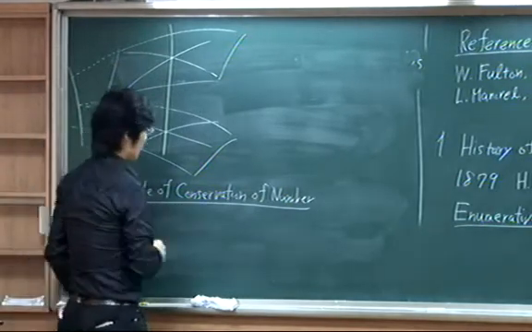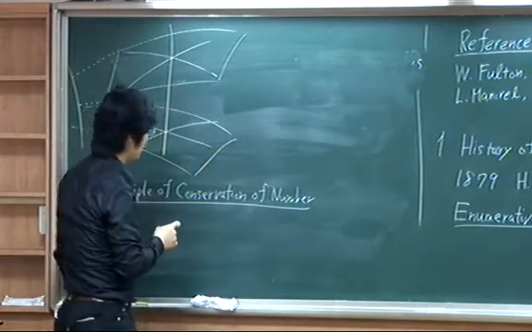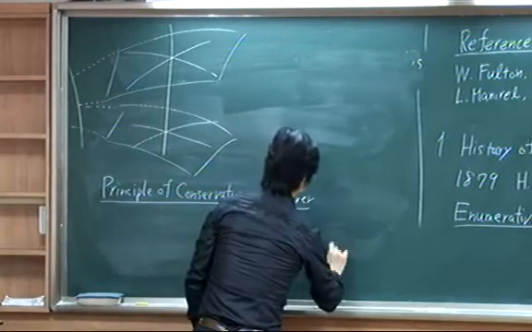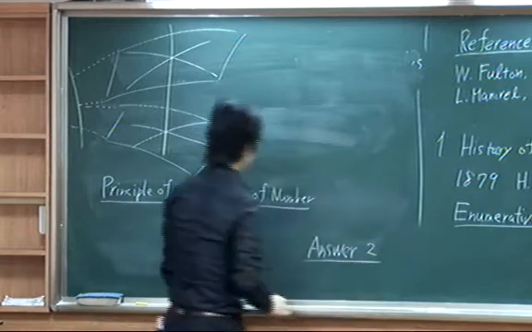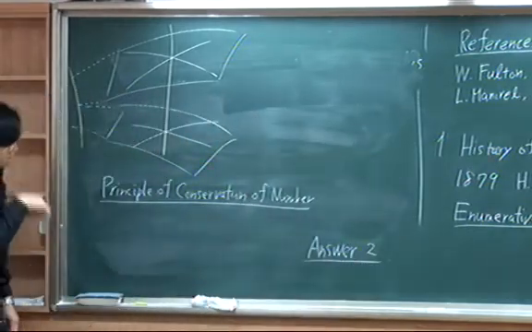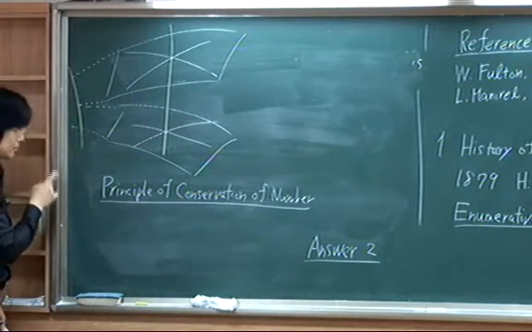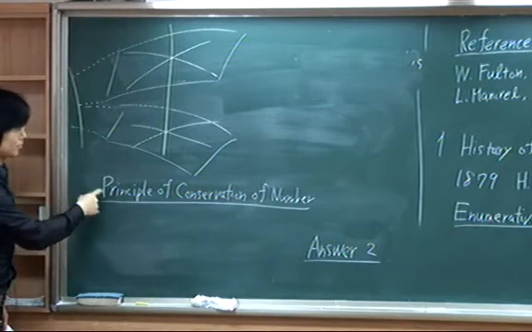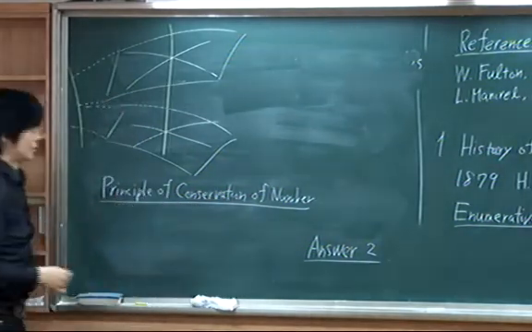So the answer is still 2. Schubert's argument relies on the principle of conservation of number, but it is very intuitive.